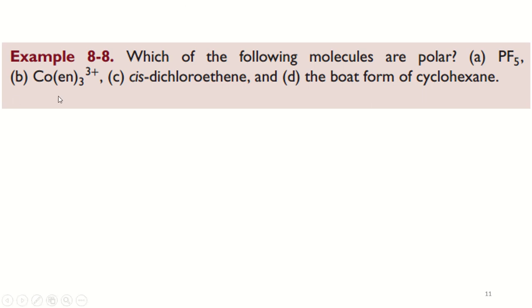So what about the third, cis dichloroethane? Cis dichloroethane has the same symmetry elements as water. It has identity, C2, sigma v and sigma v dash.